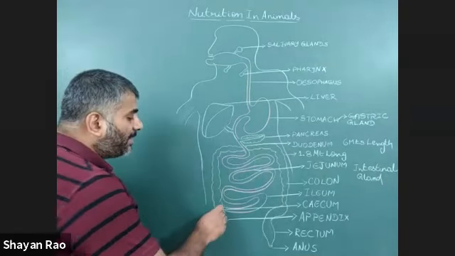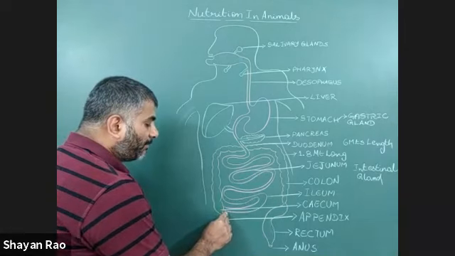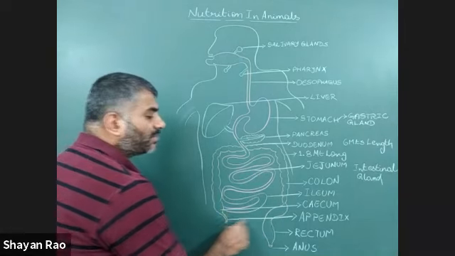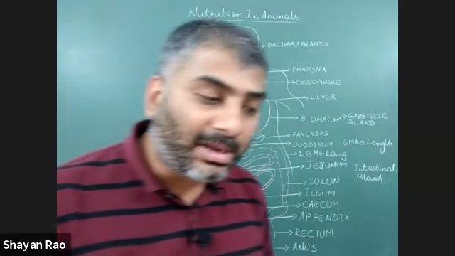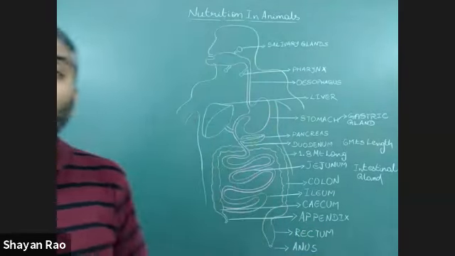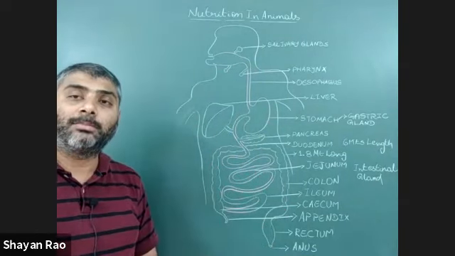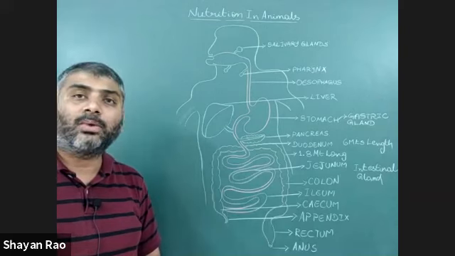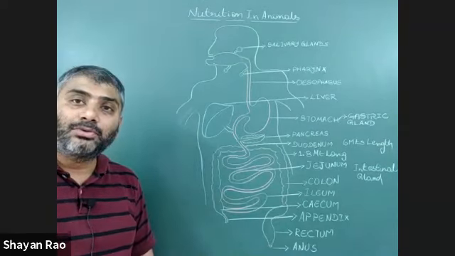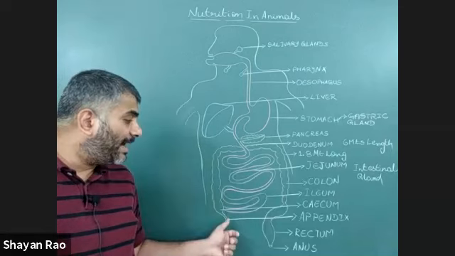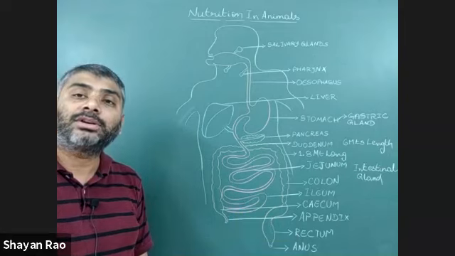If you observe here, the cecum is connected with one projecting structure, which we call the appendix or vermiform appendix. This vermiform appendix, in the human body now, does not have any role or function to play. In the process of evolution, the appendix has become non-functional.